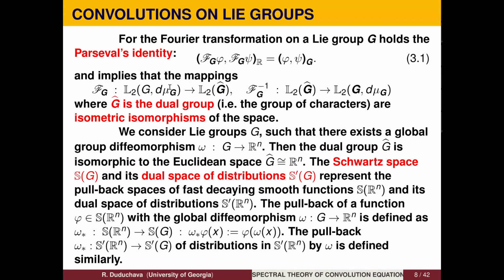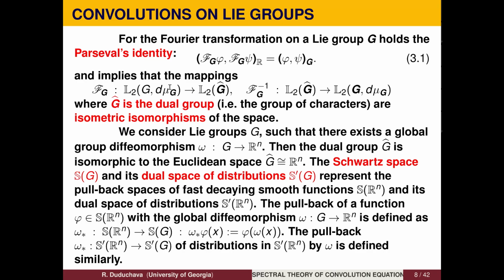For the Fourier transformation on a Lie group, Parseval's identity holds. As for the usual Fourier transform, here also we have this Parseval identity: the Fourier transformation maps L2 on the Lie group.